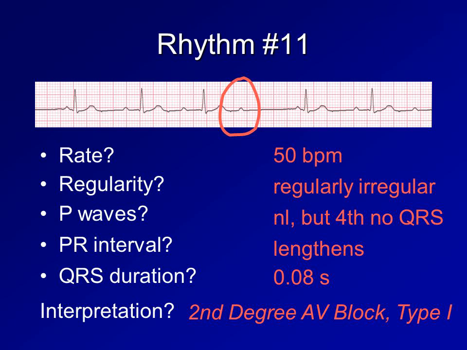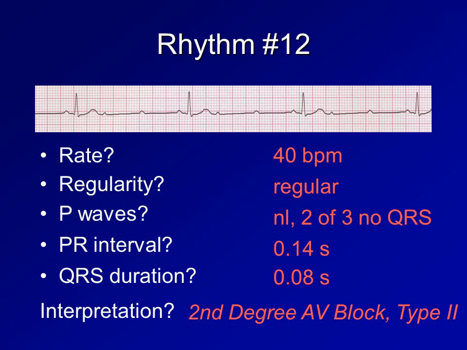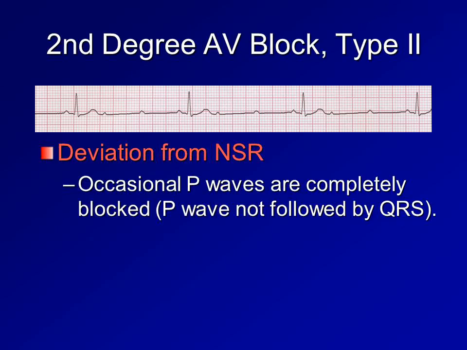Interpretation: second degree AV block, type I. Rhythm number 12: rate 40 bpm, regularity regular, P waves normal, 2 of 3 with no QRS, PR interval 0.14 s, QRS duration 0.08 s. Interpretation: second degree AV block, type 2. Deviation from NSR: occasional P waves are completely blocked, P wave not followed by QRS.